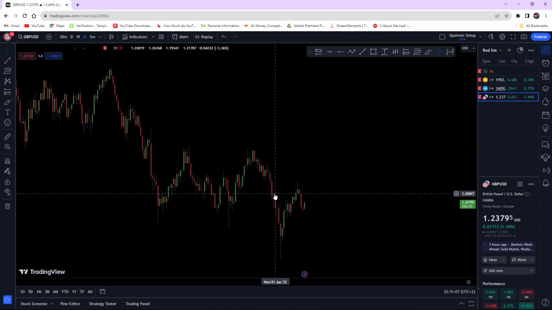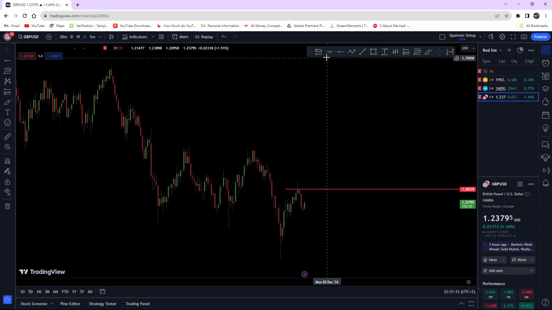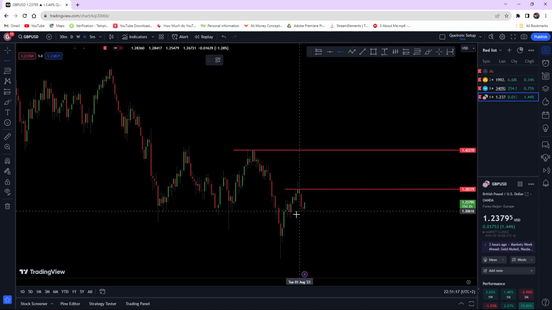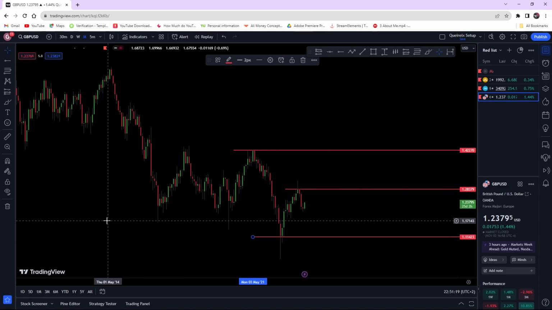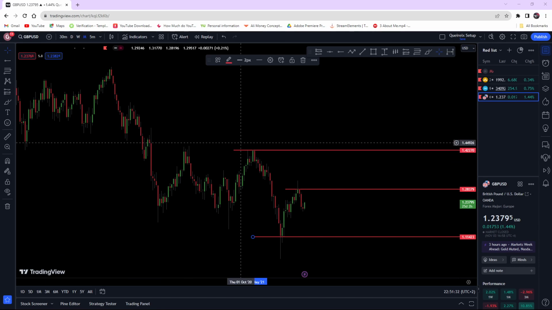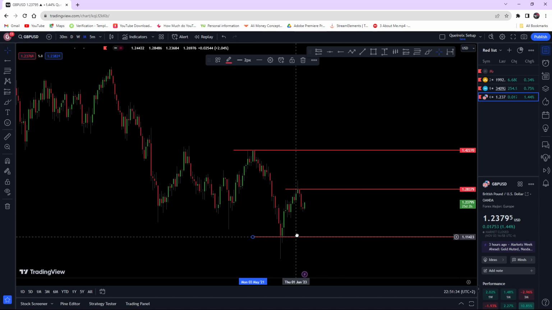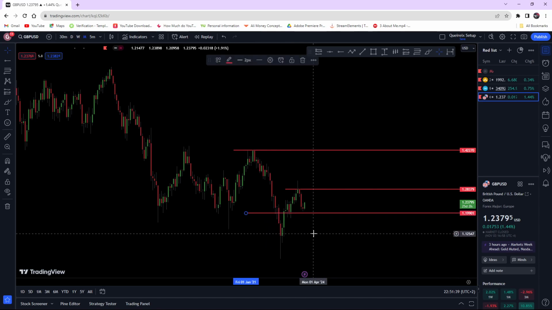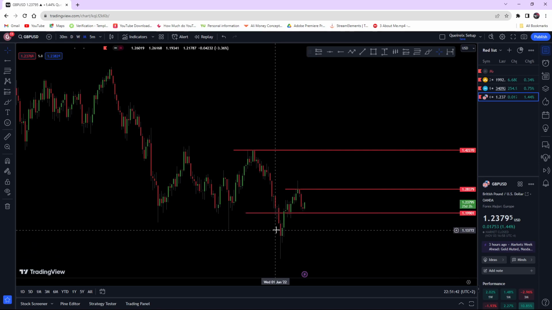We see there's a resistance over there, then we've got this support at the bottom over here. However, this is also our latest support on our monthly time frame.